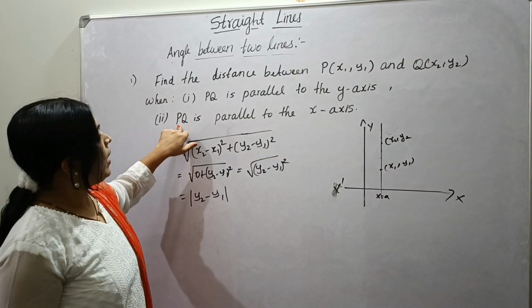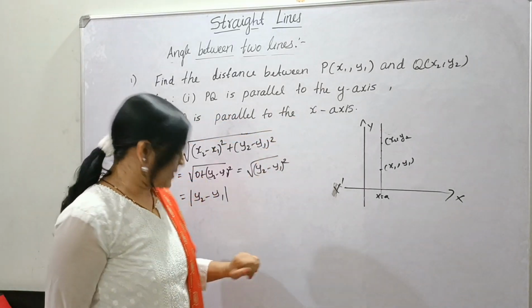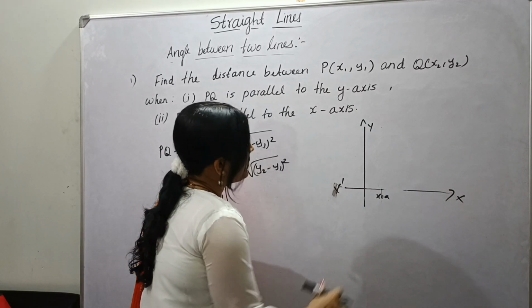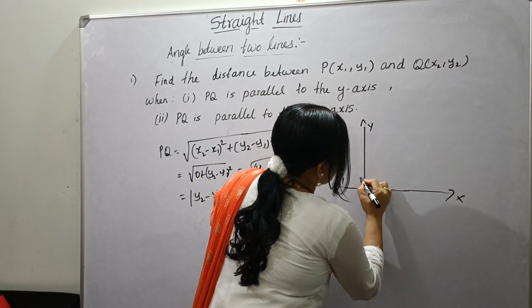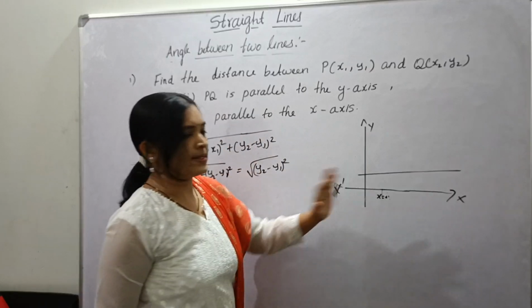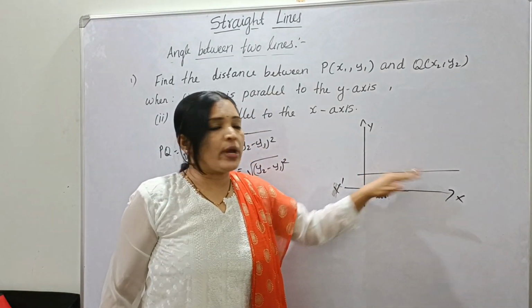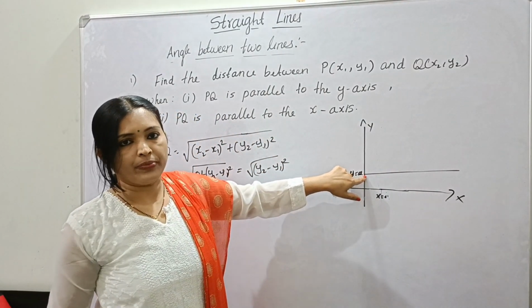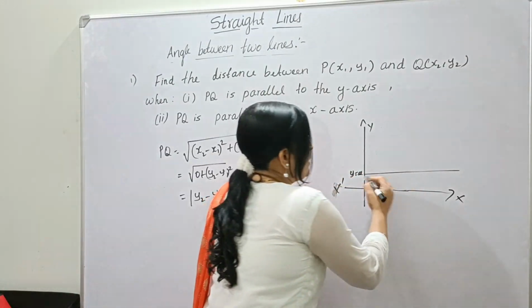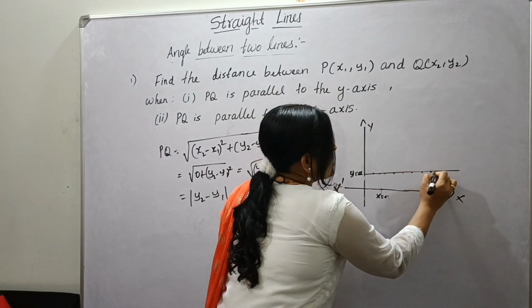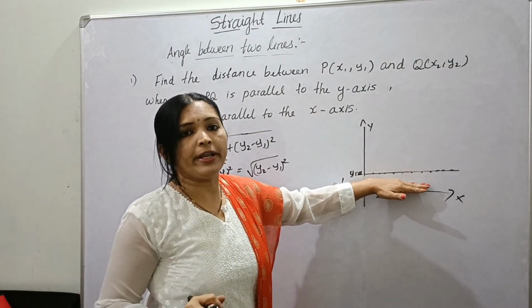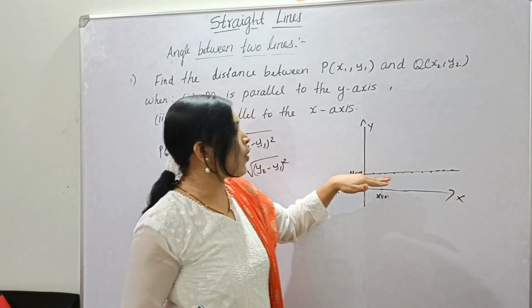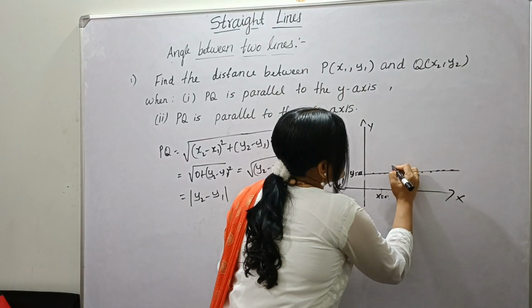Next is when PQ is parallel to the x-axis. See here, if two points lie on a line parallel to the x-axis, suppose it is y is equal to a, and it passes through the point A. Then the y coordinates of all the points on this line are the same, right?